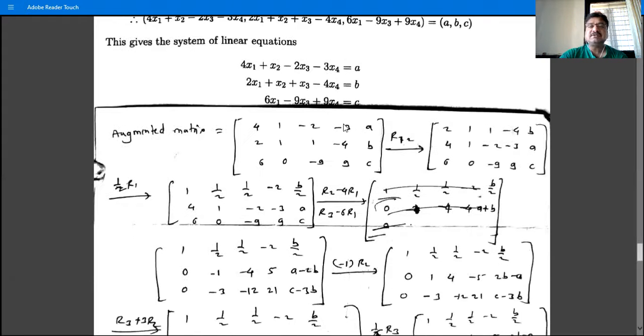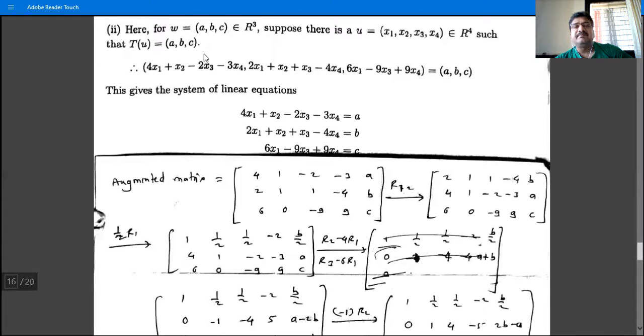If this system is consistent for (a, b, c), then that (a, b, c) belongs to the range of T. If the system is not consistent for some values of (a, b, c), then that three-tuple does not belong to the range of T. So we will check whether this system is consistent or inconsistent.